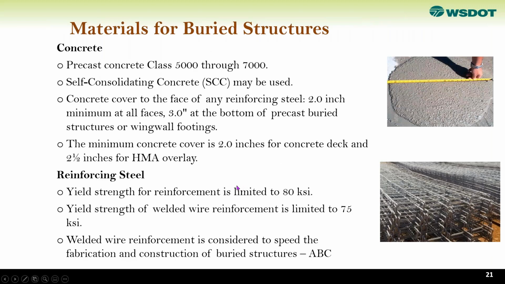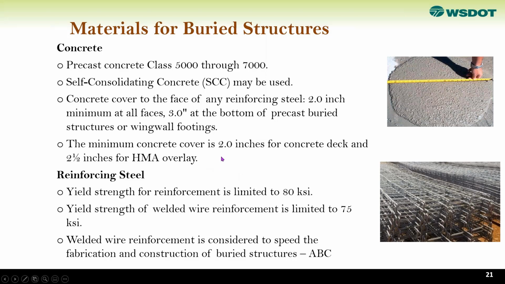For this buried structure concrete, we are using 5 to 7 KSI concrete, and we are using self-consolidating concrete. It's preferred because it flows better around the forming. Concrete cover is usually 2 inches and could be 3 inches at the bottom of the precast buried structure or wing wall footing.